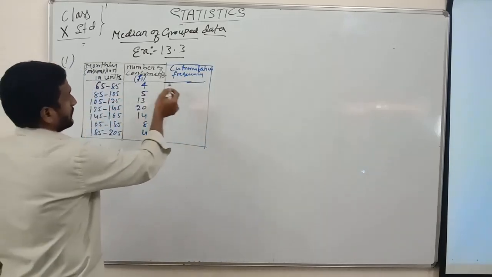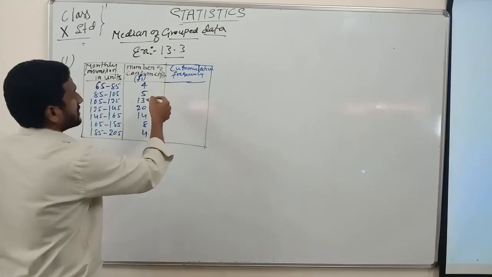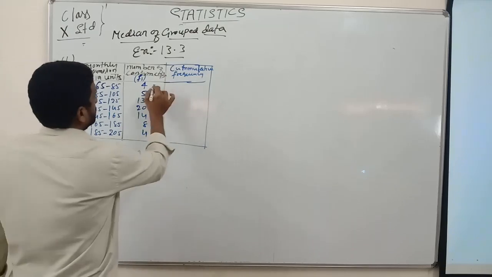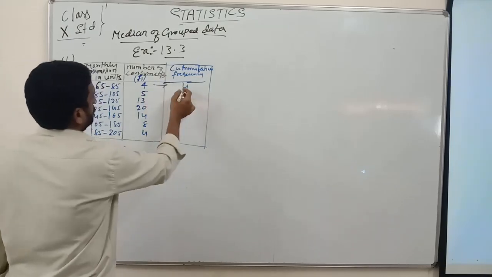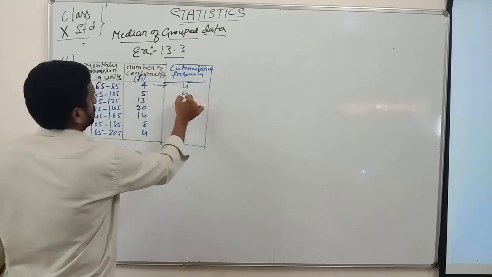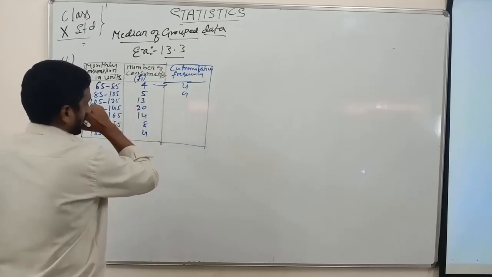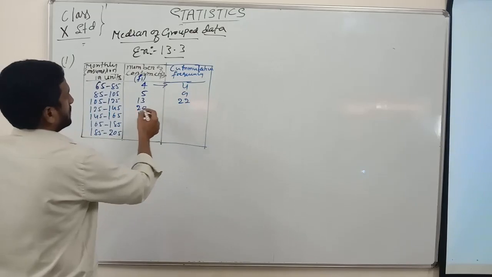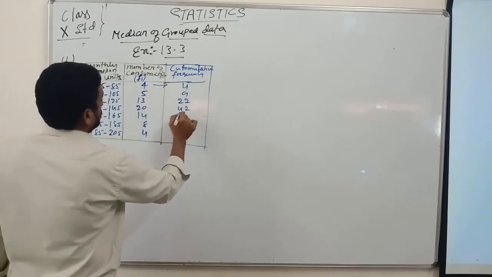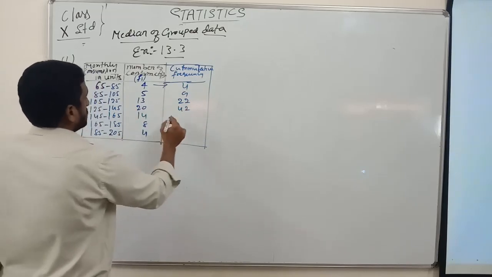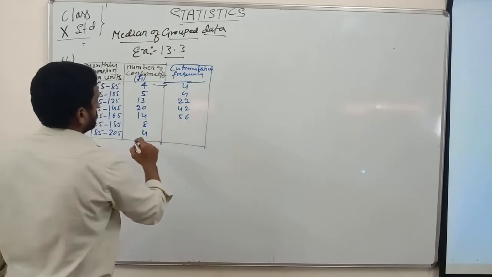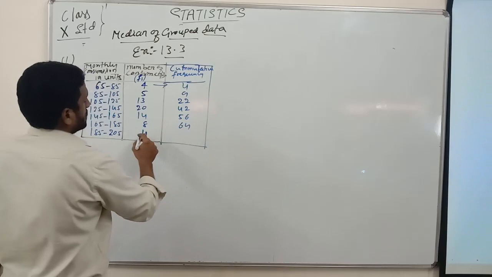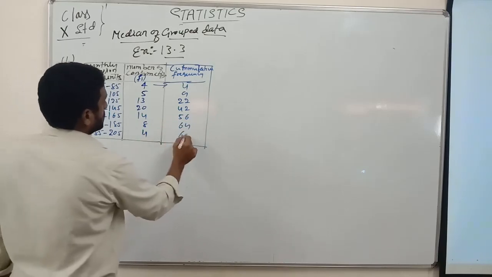The first frequency you write as it is, then add the next frequency and write. So 4, then 4 plus 5 is 9, 9 plus 13 is 22, 22 plus 20 is 42, 42 plus 14 is 56, 56 plus 8 is 64, and 64 plus 4 is 68.